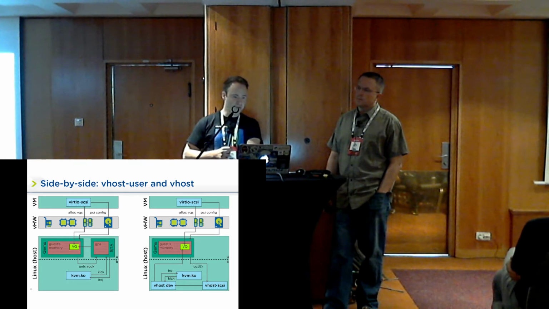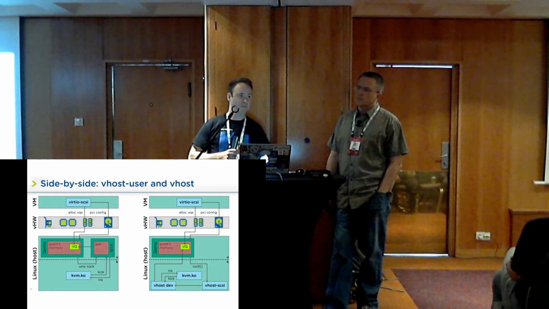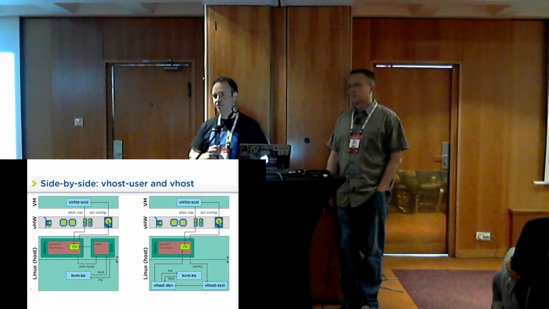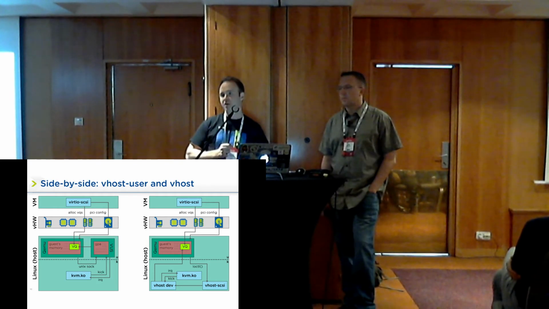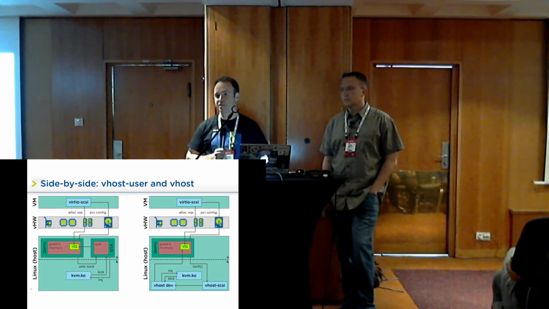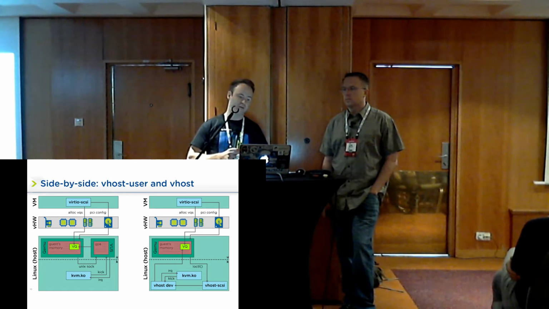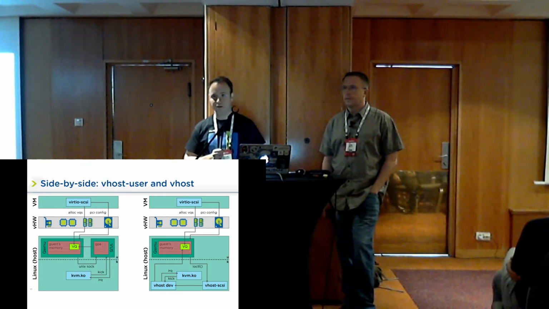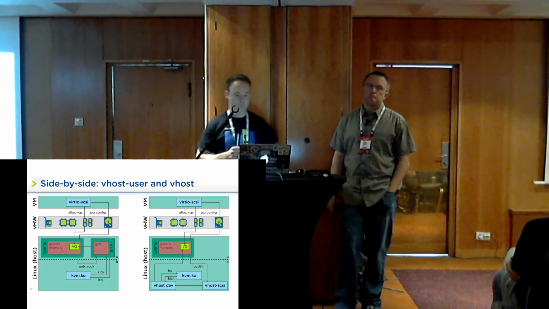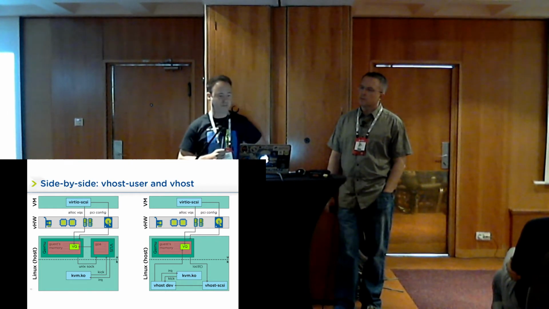So in the vhost-user case, QEMU has a Unix socket with your application, and then it sends various messages to this application, including things like the guest memory is this file descriptor, which you can map, and the VQs are these addresses, and they have these sizes, and here are your file descriptors for kicking and receiving kicks and delivering interrupts to the guest. And on the kernel side of things, this works via an I/O control interface.